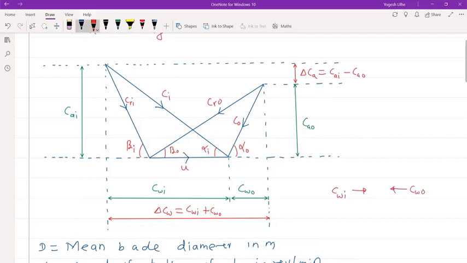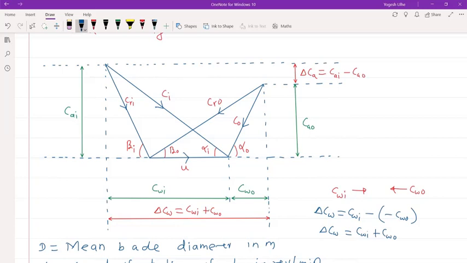And basically delta CW is a difference, CWI minus CWO. Are you getting my point? So that's why delta CW for this scenario is CWI plus CWO. Okay, everyone is getting my point? Okay, good.